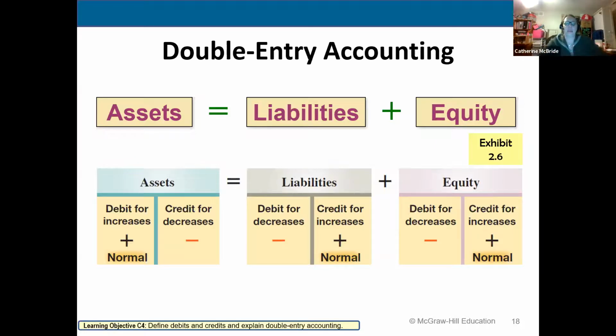Now, notice that it says normal where the increase is. If I asked you what is the normal balance of an account, what I'm looking for is either debit or credit. The idea behind the normal balance is, if I was looking at an asset, like let's say equipment, and I saw a credit balance, that's not normal. There's something wrong, because I can't have less than no equipment. It should be a debit balance always, ultimately.